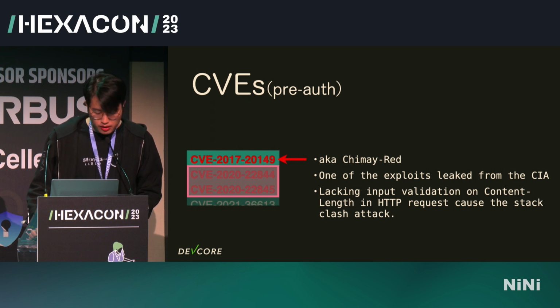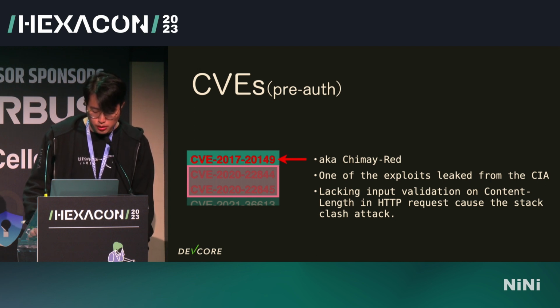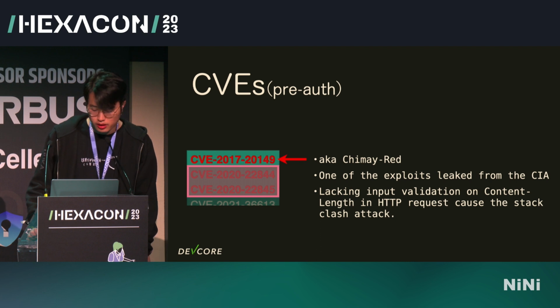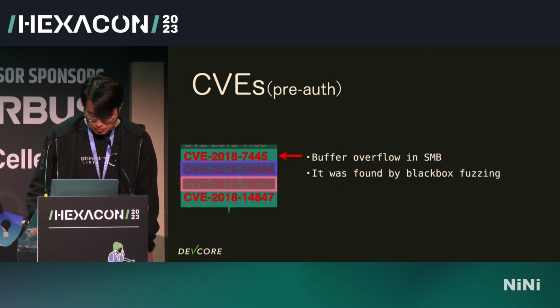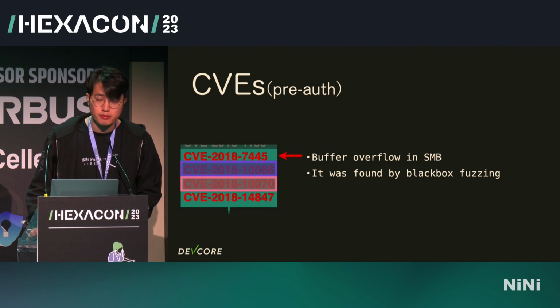By sending an HTTP request with a crafted content length, we can corrupt the stack to execute arbitrary code by stack clash. Yeah, the same stack clash that Orange mentioned yesterday. And CVE-2018-7445 is a buffer overflow in SMB, and it was found by black box fuzzing.